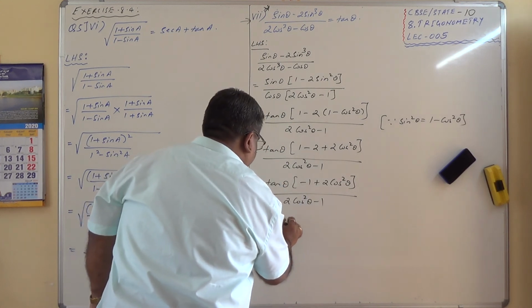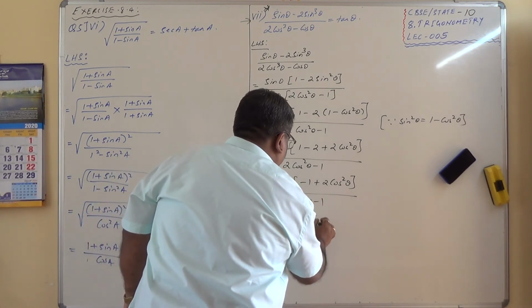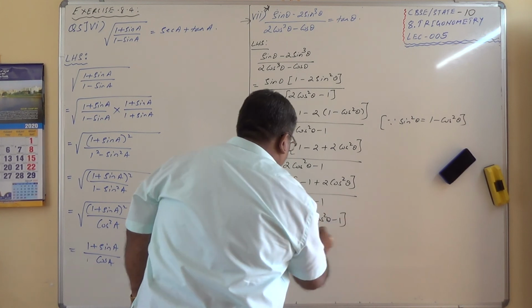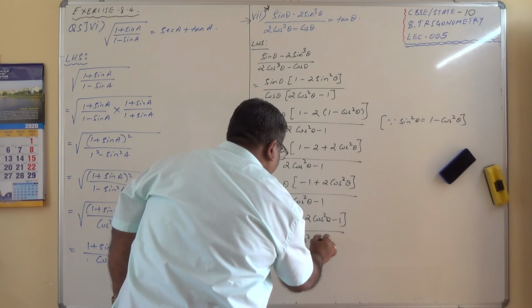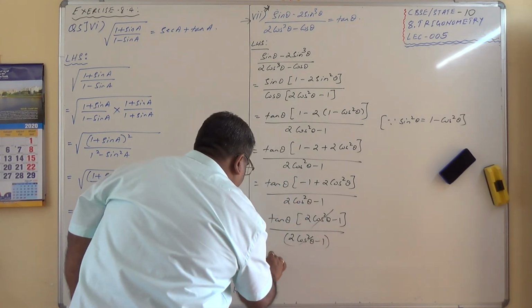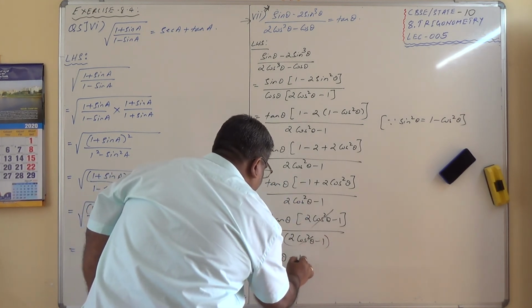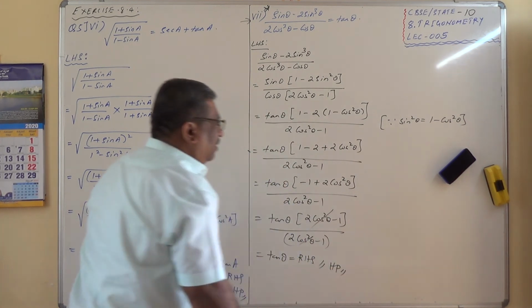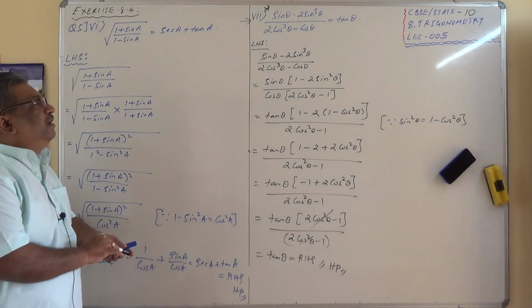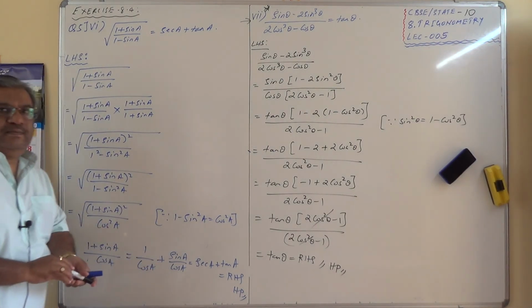Once again, tan theta, this is 2 cos square theta minus 1 divided by 2 cos square theta minus 1. So this will cancel, which equals tan theta, which is RHS. Hence proved. Okay, so this is how you can make a note of this one.